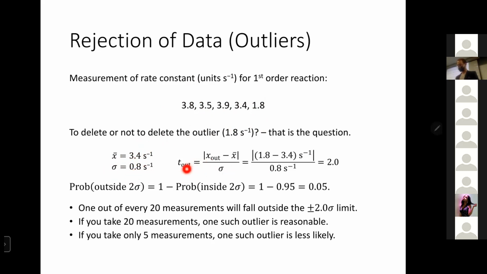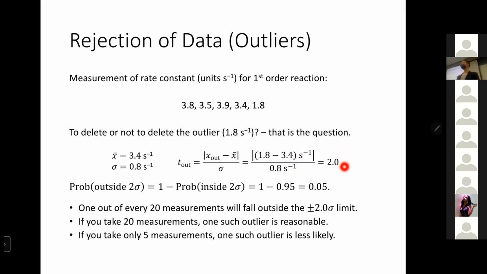And then you can calculate this quantity T out, which says how many standard deviations this outlier is away from the mean. And so you take the value of the outlier minus the average, right? This is how far away you are from the mean, and divide by the standard deviation. And that's this T value that you're going to use. So in our case, this would be 1.8 minus 3.4 divided by 0.8, which is equal to 2.